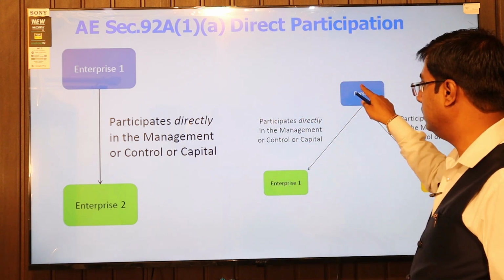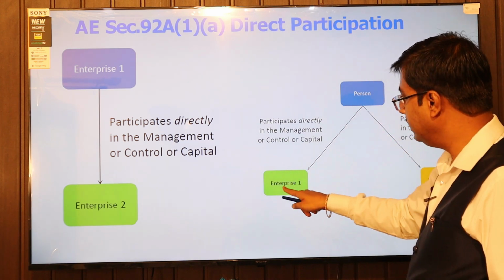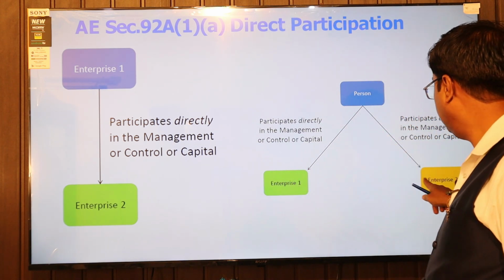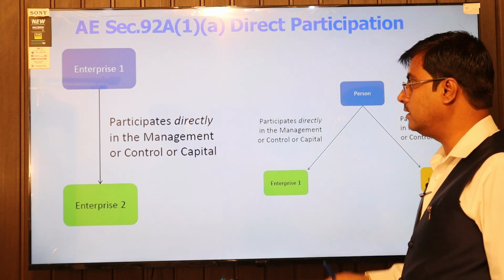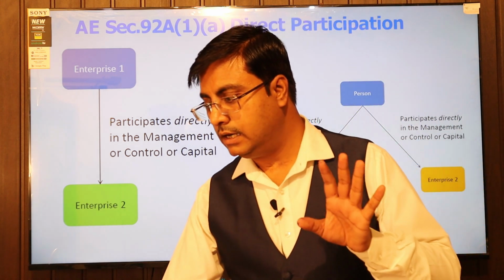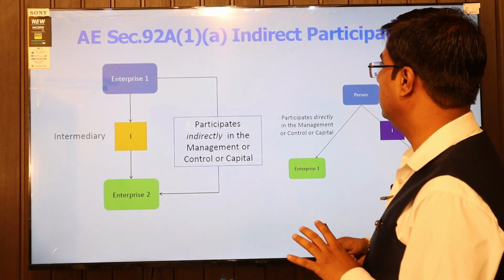Or a person, Mr. A, has two companies and directly controls these associated enterprises. So this is also treated as associated enterprises. So direct participation is covered in the form of associated enterprises.